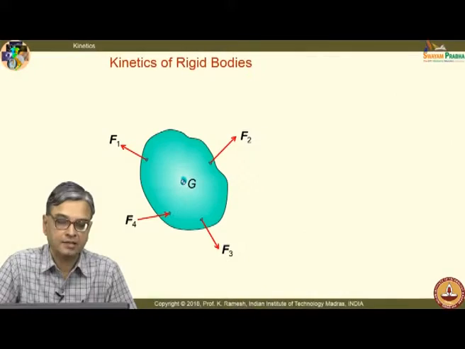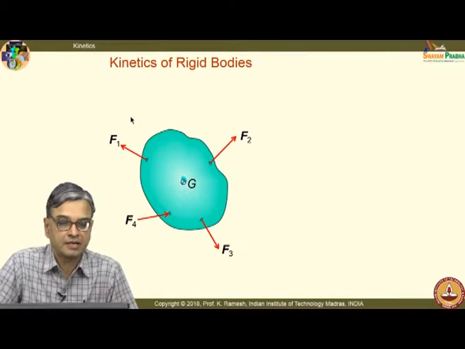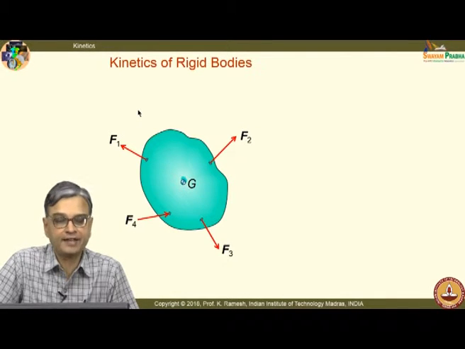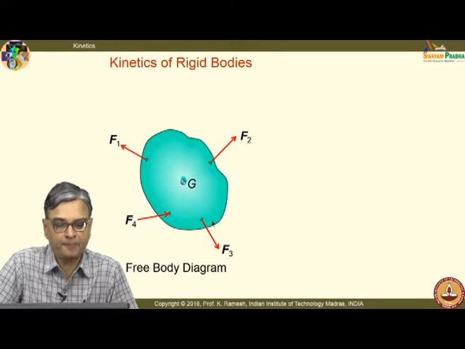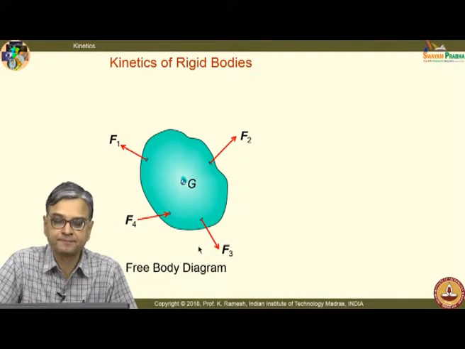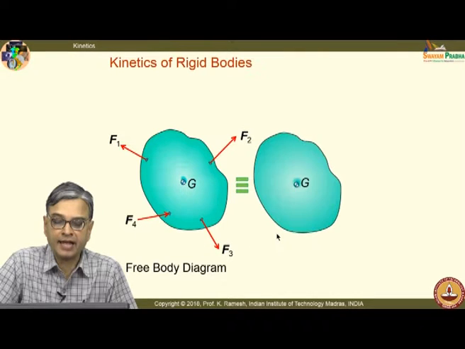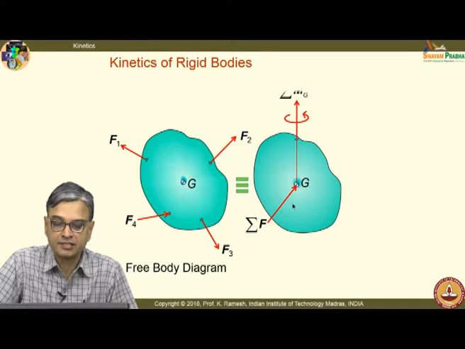Let us continue our discussion on kinetics. See, we have learnt what is a kinetic diagram. When I have a rigid body, I have forces acting on it, and we call this a free body diagram. Then I have summation of forces acting through the centroid and summation of moments acting through the centroid.